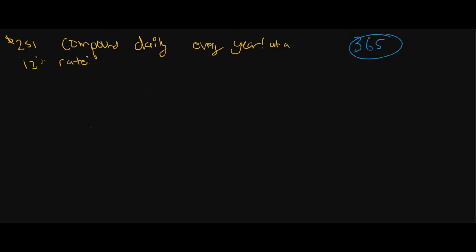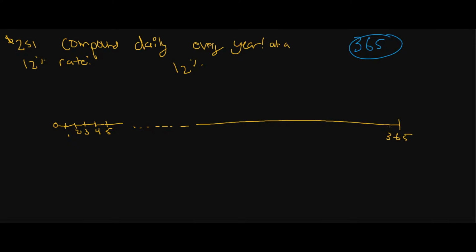So that means every day, 1, 2, 3, 4, 5, all the way until we get to 365. So we're going to take our 12% and break it up evenly every single day, because there's 365 days in a year, and every day the compound is going to be applied. So we divide this by 365.